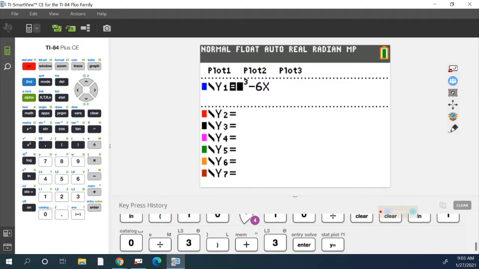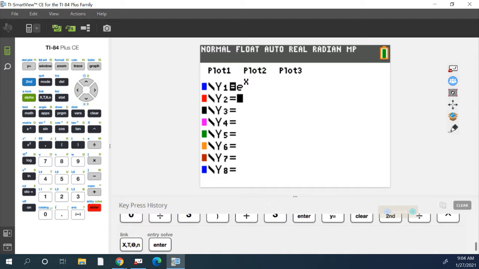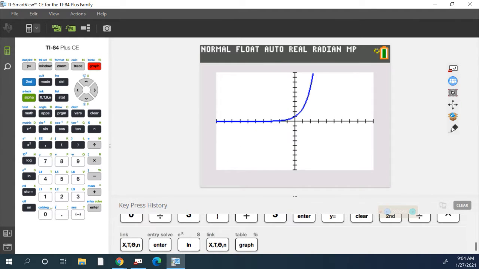Okay, go to y equals. I'm going to show you what the inverse looked like, but we had looked at the ln. I showed you that, I remember now. So do e raised to the x, and then we're going to look at the ln of x. So there's e to the x, there's the ln of x.